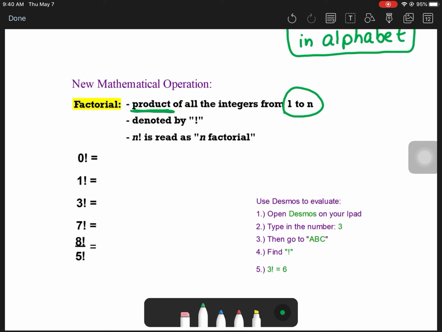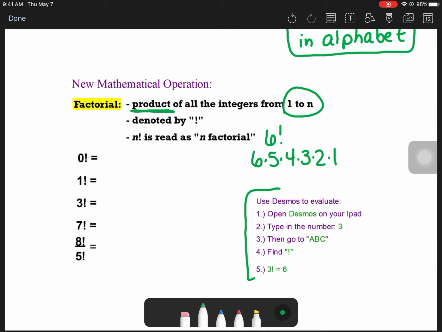For example, 6 factorial simply means 6 times 5 times 4 times 3 times 2 times 1. Now, if we had to do that with really large numbers, it's going to take us a while. So you can use Desmos on your iPad to evaluate this particular function called a factorial.